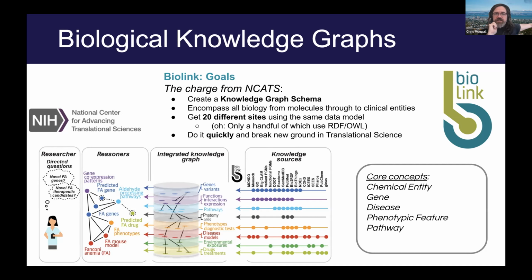Only a handful of these were actually using RDF OWL, and we needed to unify some of these knowledge graphs quickly, get everyone using the same terminology for node categories, for edge labels, and so on. So we used LinkML to build the BioLink model, including core concepts for chemical entities, genes, diseases, phenotypes, pathways, and so on.